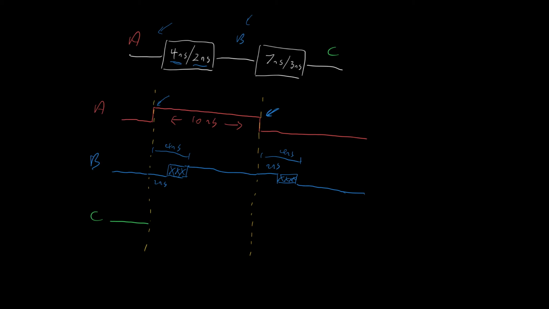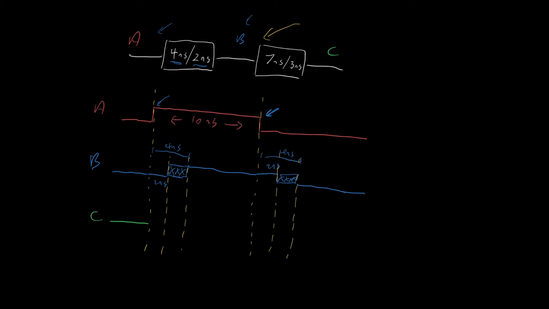In order to work out the output C, we have to identify when the input to the second logic gate changes. So the timings of interest are here and here, and here and here.